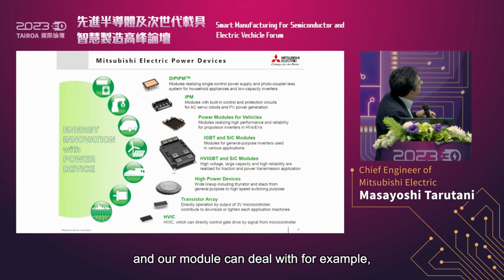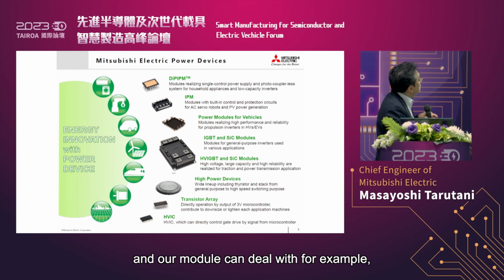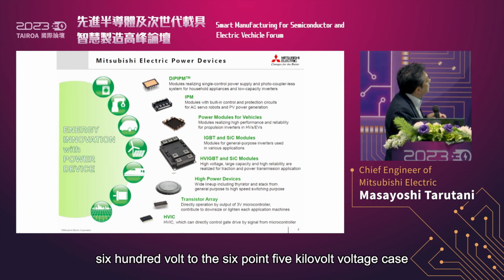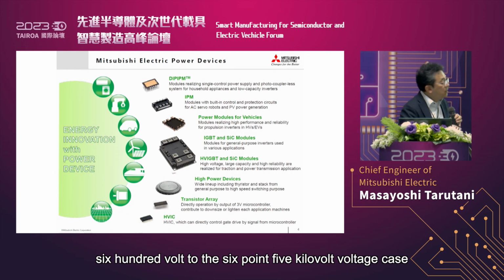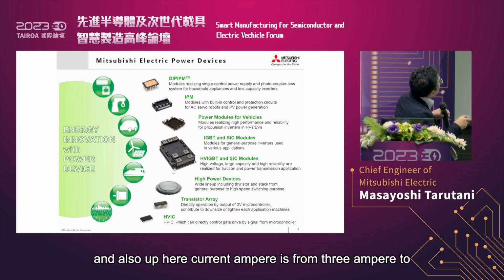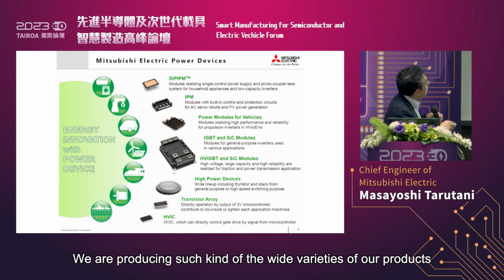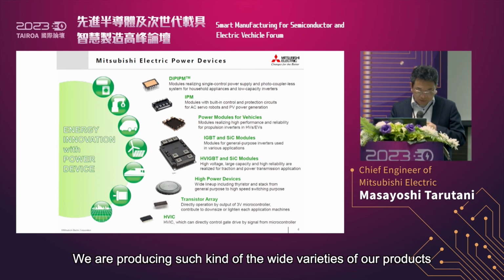And our modules can deal with, for example, the 600 volt to 6.5 kilovolt voltage class. And also the rated current is from 3 amperes up to about 2,000 amperes. Such a wide variety are our products.